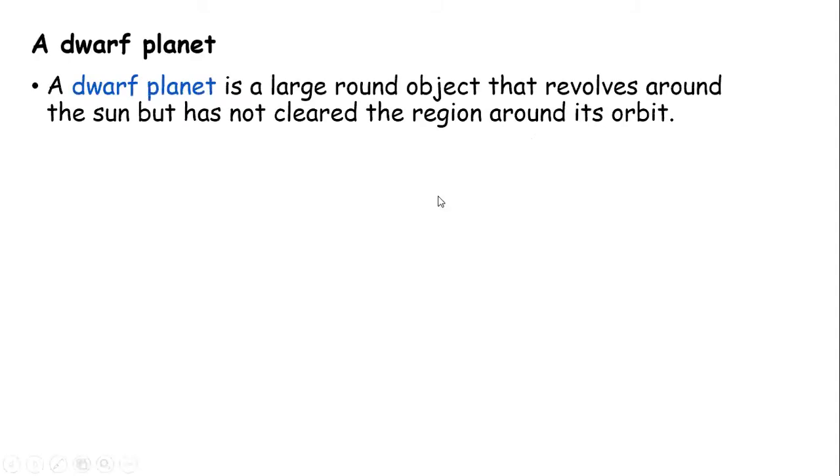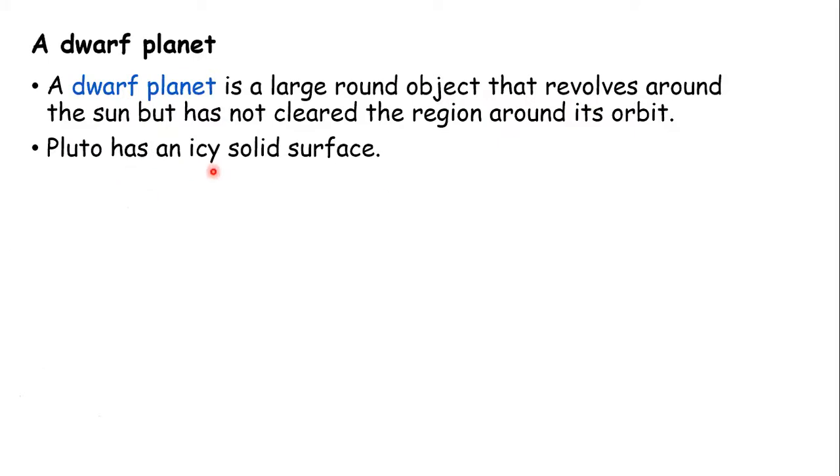Today we will start with a dwarf planet. What is the meaning of a dwarf planet? A dwarf planet is a large, round object that revolves around the sun but has not cleared the region around its orbit.